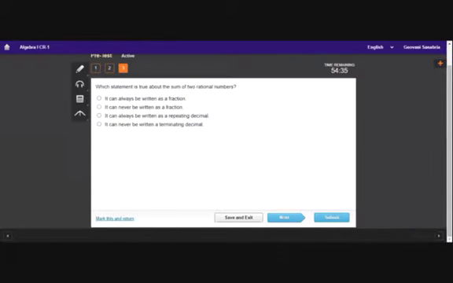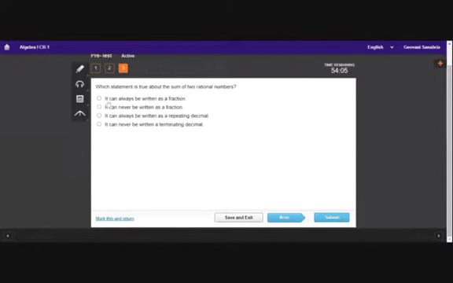But the big idea that captures all three is that for any rational number, you can write it like a fraction. So from the question before, if you add two rational numbers together, you'll end up with a rational number. And you can always write a rational number as a fraction. So it'll be that first one.